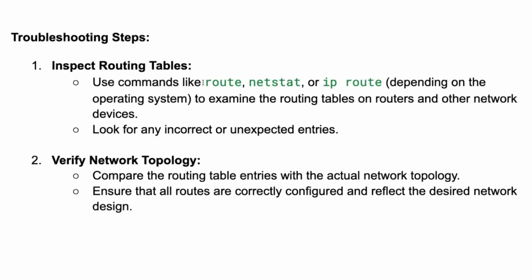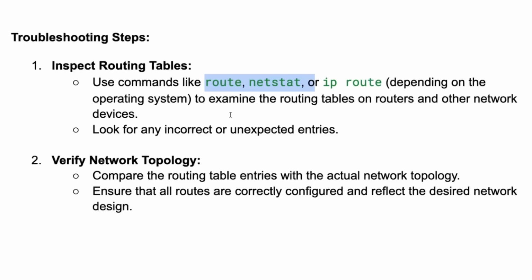So you would need to first find what your actual routing table for your network looks like. If there's an issue with your machines or with your devices trying to connect to each other within your routing table destinations, that means there's something wrong. So first you would look at just the routing table itself just to see what it actually looks like and what the entries look like and what the default route looks like and all of that. And then you can see what the next step would be that you would have to take.